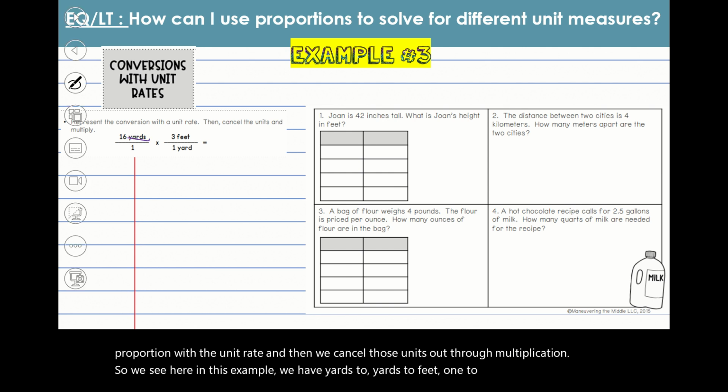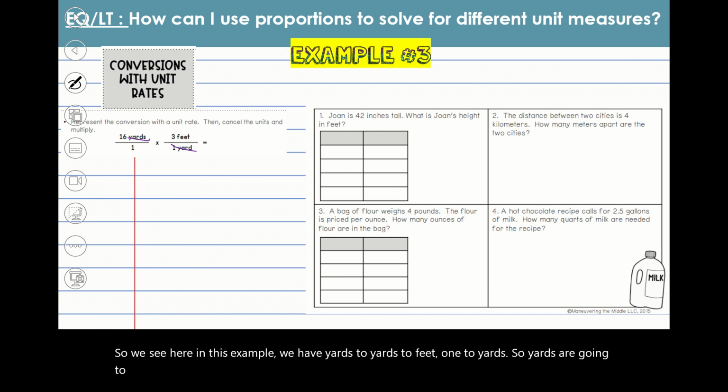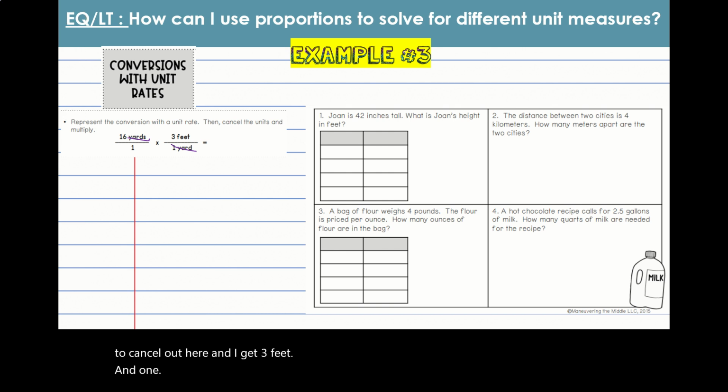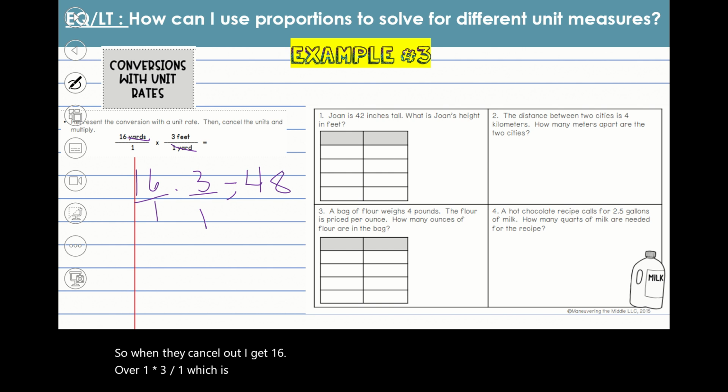So yards are going to cancel out here, and I get 3 feet in 1. So when they cancel out, I get 16 over 1 times 3 over 1, which is just 48 feet.